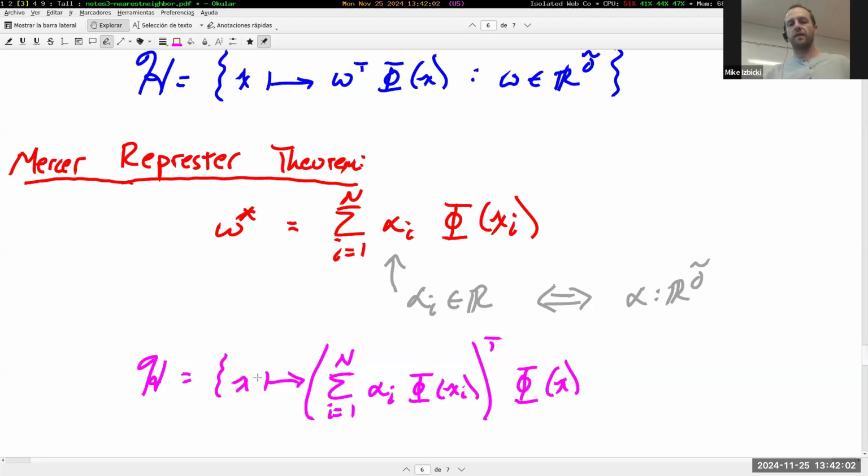This second x is the x that is being input into our function, while these x's are the x's in our data set. And now the parameter that controls our problem is these alpha sub i's. So alpha is now contained in R to the n, the total number of data points in our data set, rather than d tilde, the dimension of our problem.